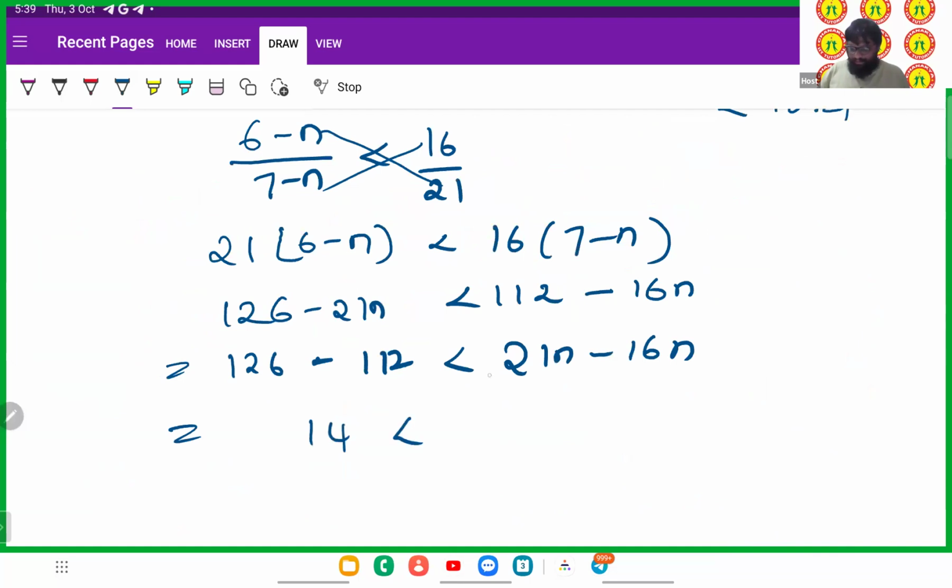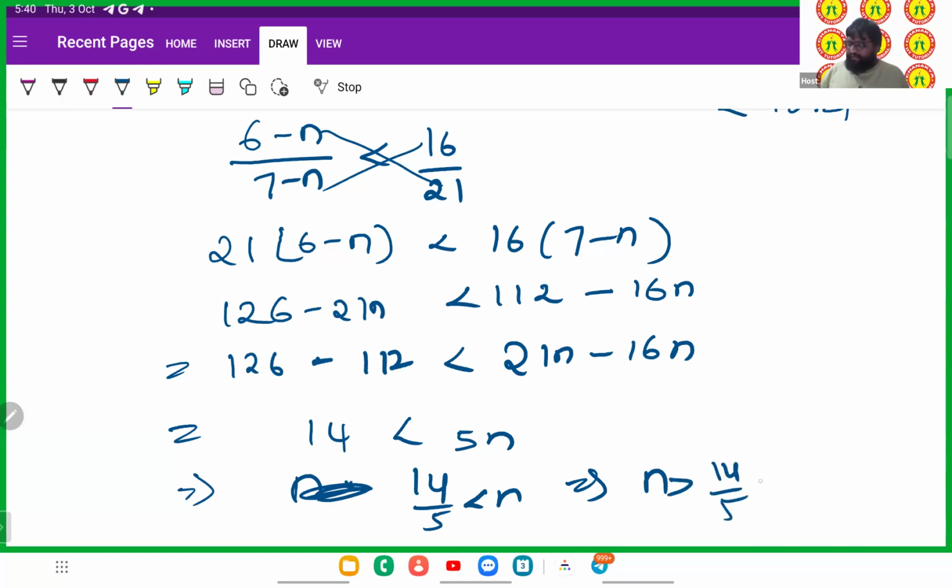So 5n is greater than 14, which means n is greater than 14 by 5. 14 by 5 is 2.8, so n should be greater than 2.8.